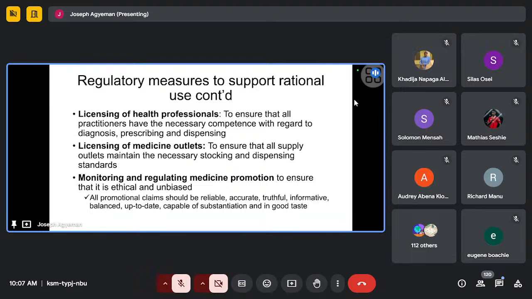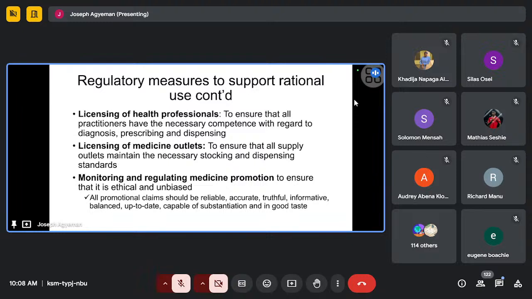If not for anything, when it comes to drug safety, the way you even store your drugs may expose them to factors that can increase drug deterioration. All these are very, very important for the regulators to make sure that once the premises meet the standards, it will contribute to the safety, efficacy, and quality of medicines, which in turn will promote rational drug use. Then monitoring and inspection by the regulators.